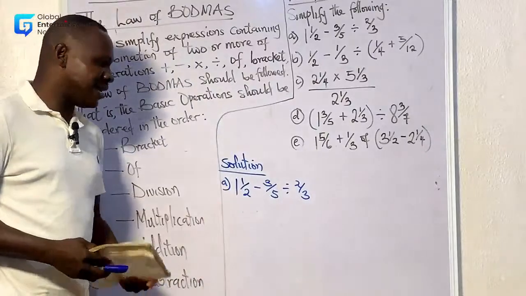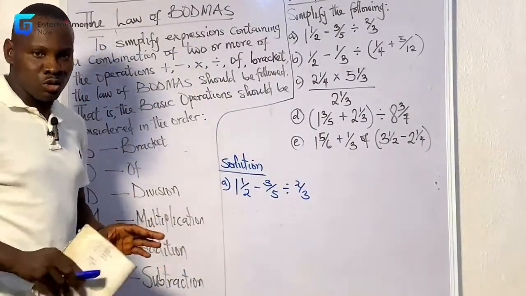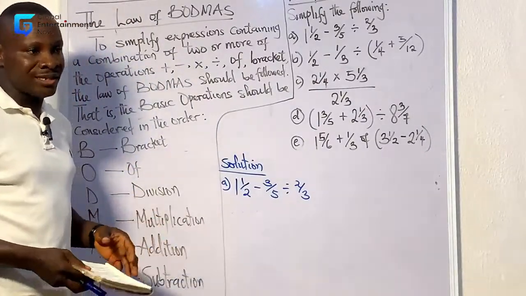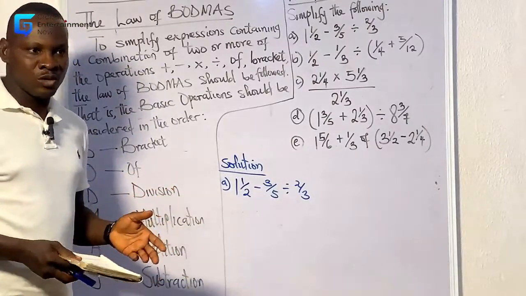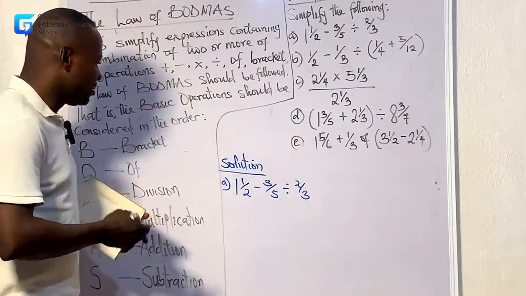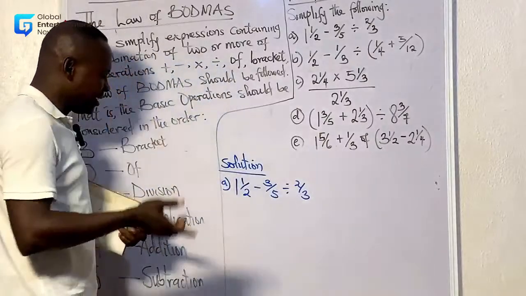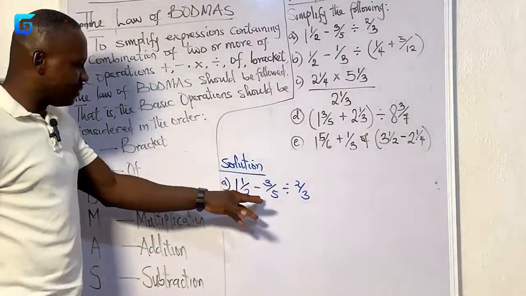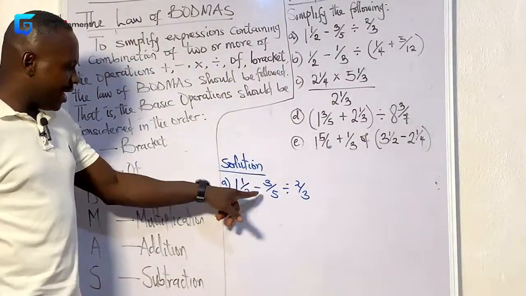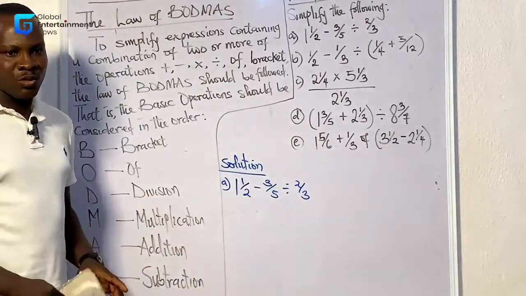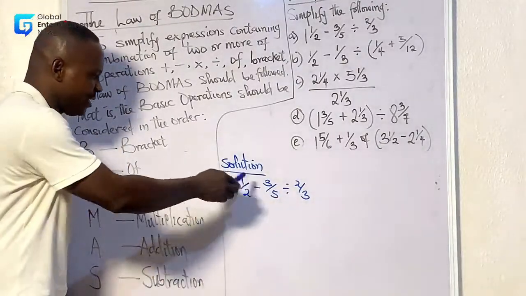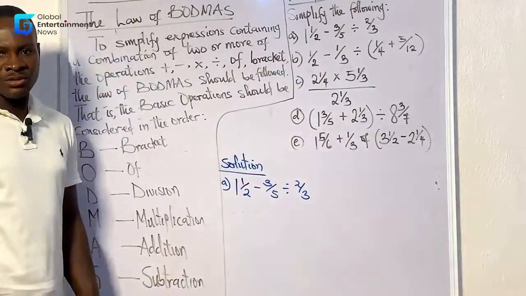Now, that means you don't just jump to the answer. If you jump to the answer, maybe you copy somebody or just want to use one kind of way. Looking at this question, the basic operations we have here are subtraction and division. Which one comes first between subtraction and division?